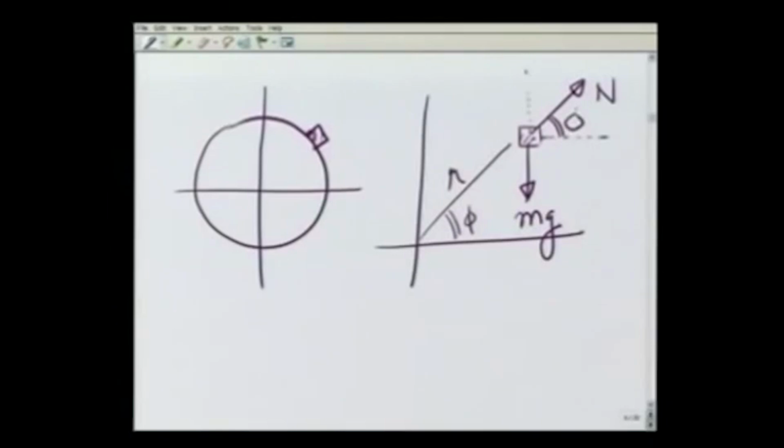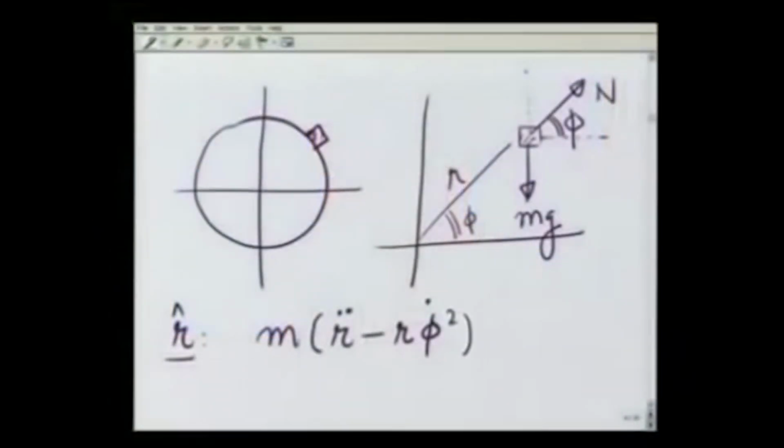this angle is also phi, and therefore in r direction, if I want to write the equation of motion, it's going to be m times the acceleration in the r direction, which if you recall from the previous lecture is r double dot minus r phi dot square, and this is going to be the force in r direction: N in the positive r direction, and since this angle is 90 minus phi, minus mg sine of phi.